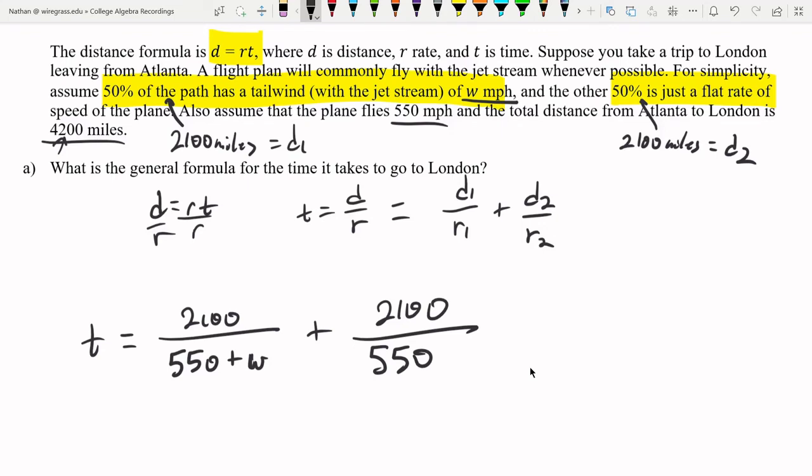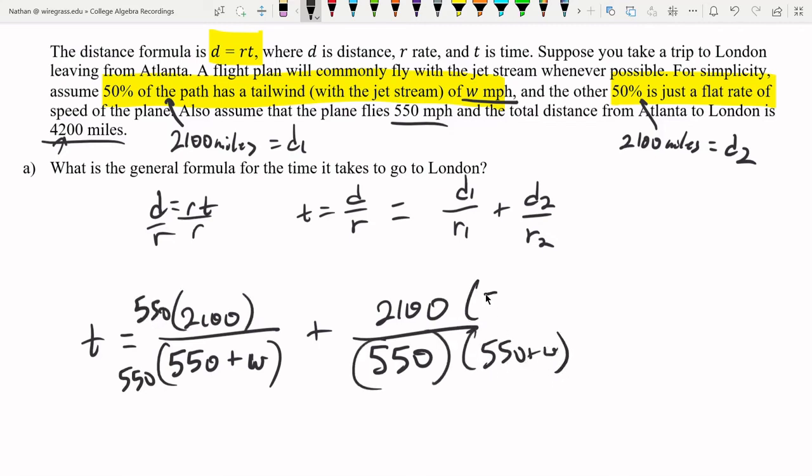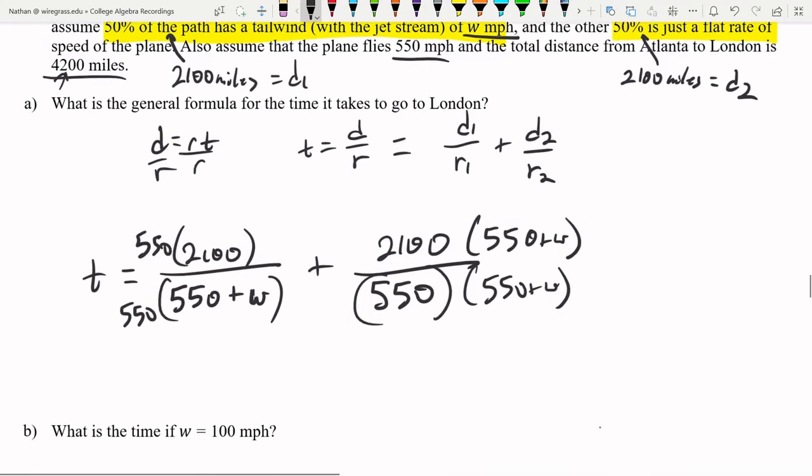Of course, on the right-hand side, we have a rational expression. And we don't really want to have this separated if we don't have to. Let's combine them into one thing. We need common denominators. The only way to do this is by multiplying by the other denominator. All right.